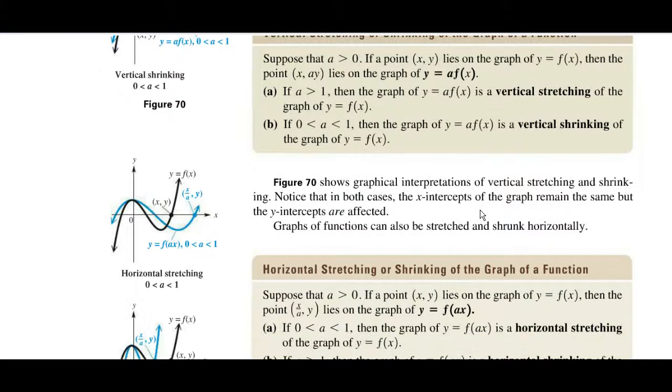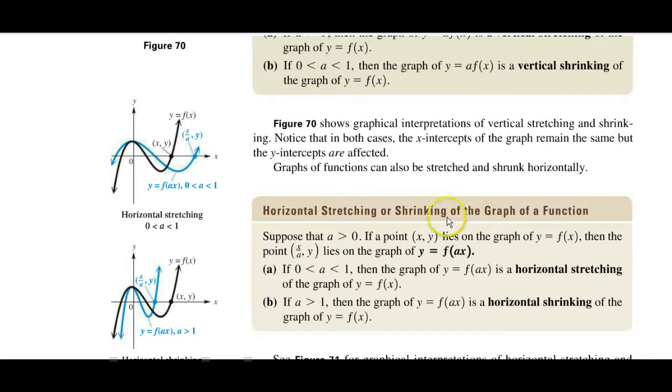Now, that was vertical above. How about now if we have horizontal stretching or horizontal shrinking of the graph of a function? Well, take a look at this. The black line is your original. And what have we done here to the blue line? We've stretched it.